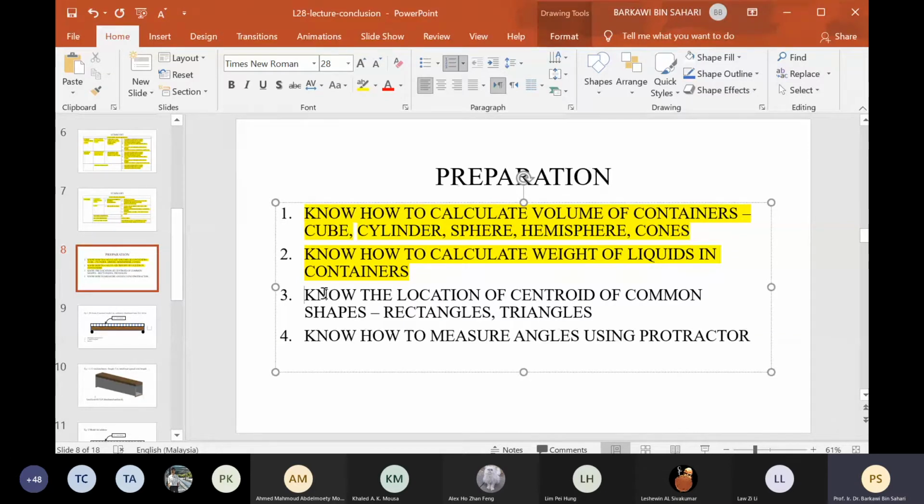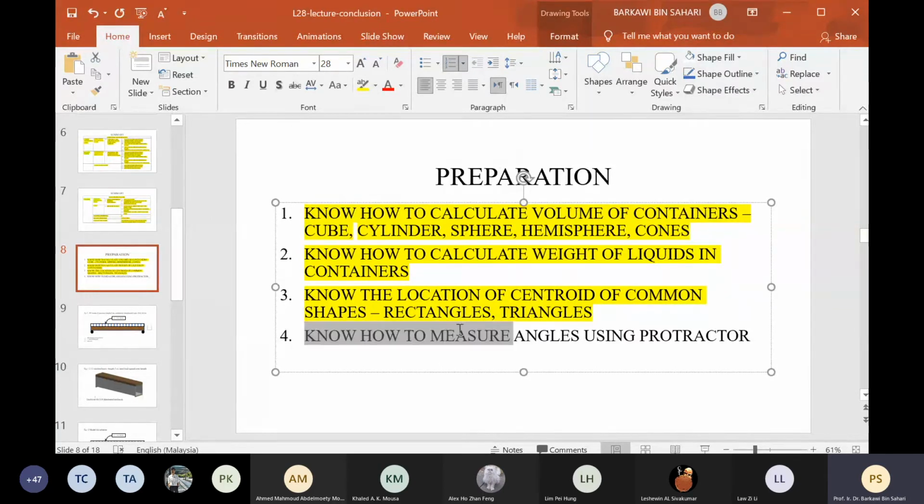Know how to locate the centroid of common shapes. You see this one, rectangular shape. When you have the triangle type of load distribution, you need the representative point or the centroid in order to apply your equilibrium and so on. So the most common shapes are rectangles and triangles. These are the things that you have to be familiar with, where they are.